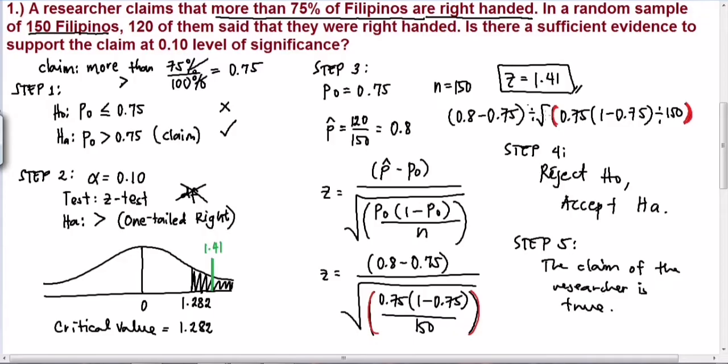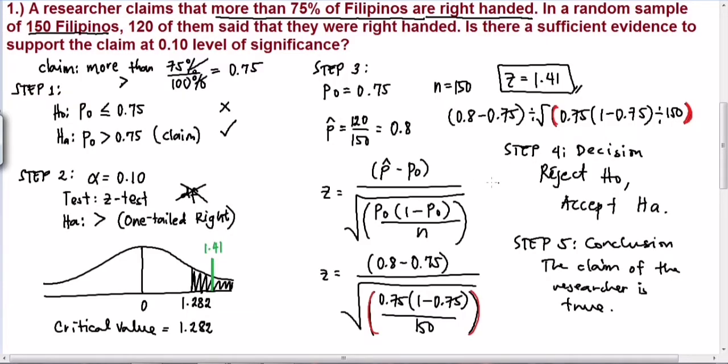So, true yung kanyang claim na more than 75% of Filipinos are right-handed. Okay? So, step 4, again, decision. Step 5 is conclusion. So, our conclusion is the claim of the researcher is true, or there is a sufficient evidence to support the researcher's claim that more than 75% of Filipinos are right-handed.